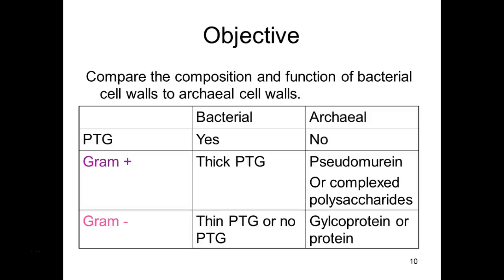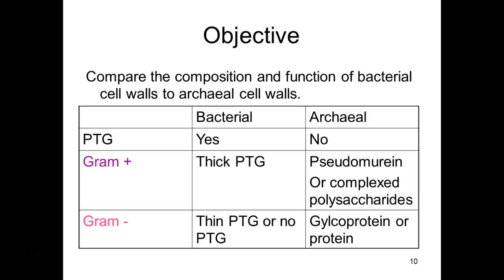So remember, when we talk about prokaryotes, we talk about bacteria and archaea, although we tend to talk mostly about bacteria because it's what we've known the most about for the longest time. You can stain any cell using the gram stain procedure, and you're going to get one of 2 results. It's going to come out purple, which we call gram positive, or it's going to come out pink, which is gram negative.